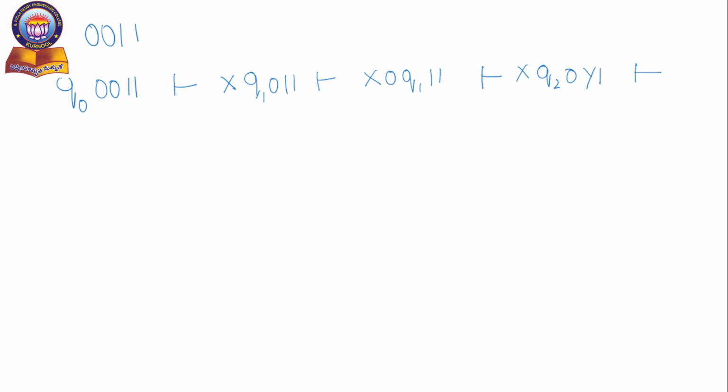Next it moves to Q2 X0 Y1. So Q2 on X, it is moving towards the right. So it is going to the state Q0. X Q0 0 Y1. X X Q1 Y1.